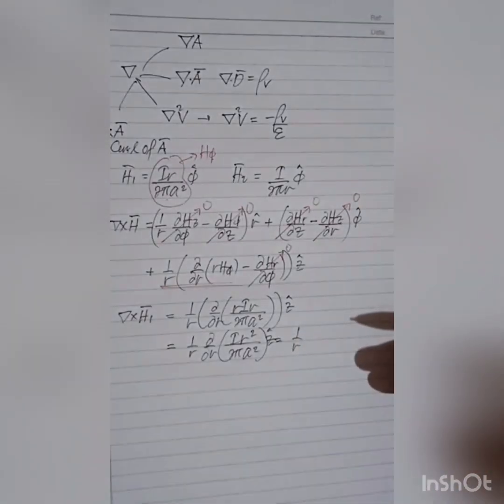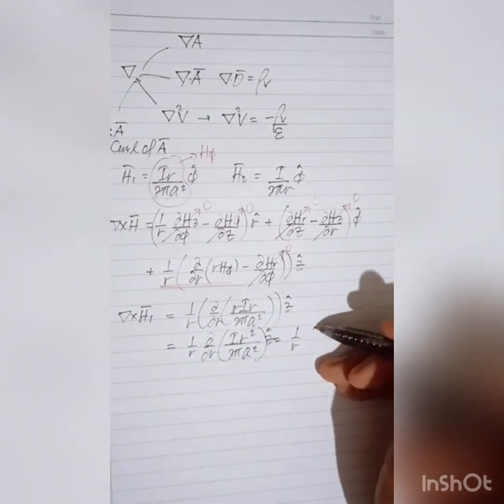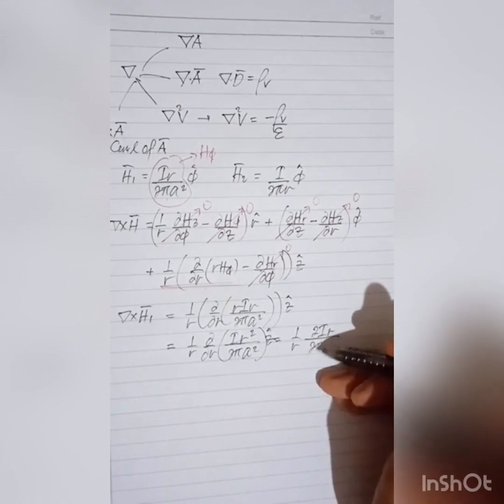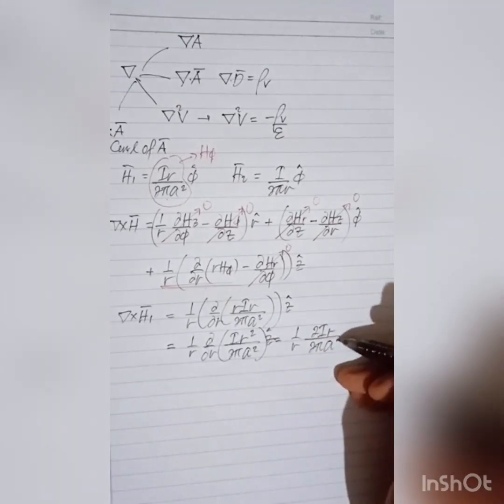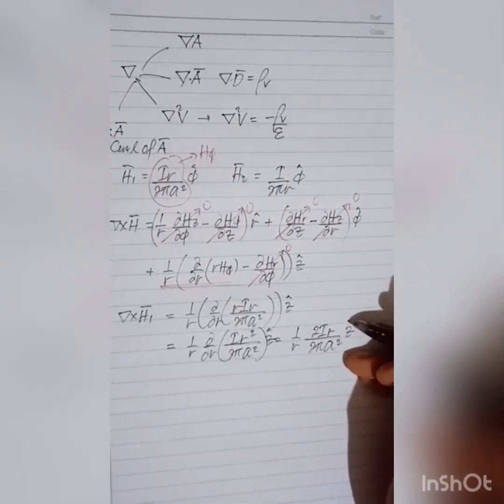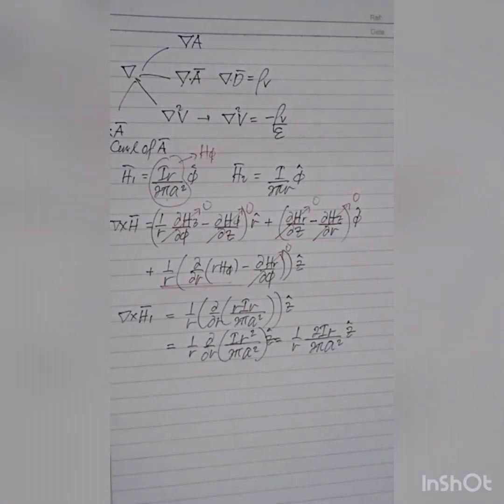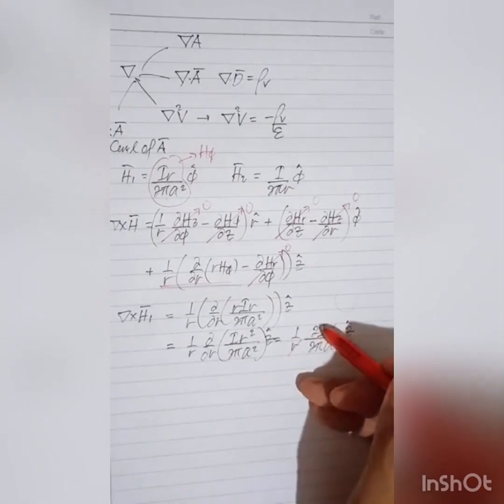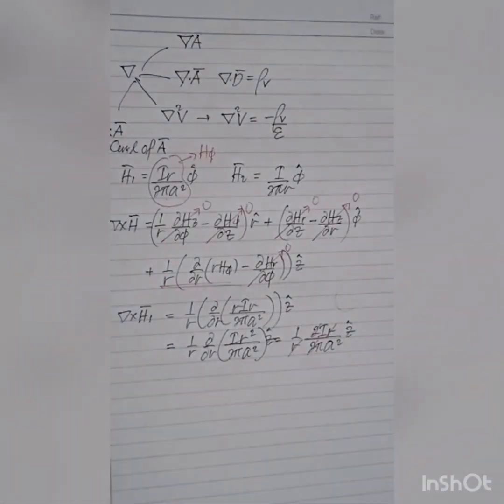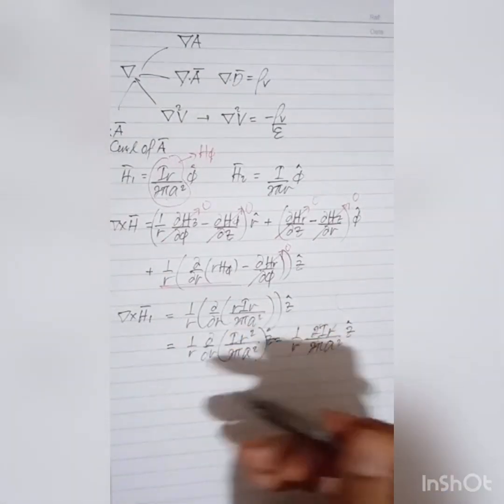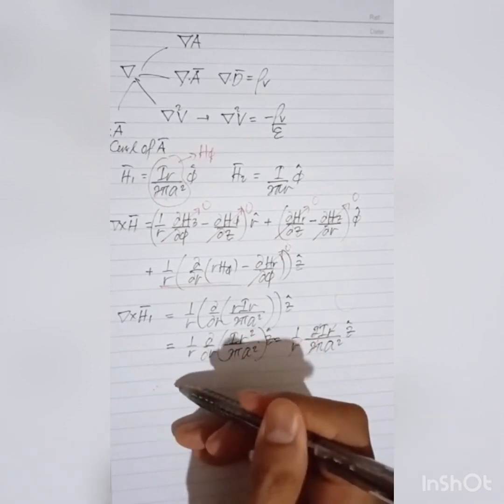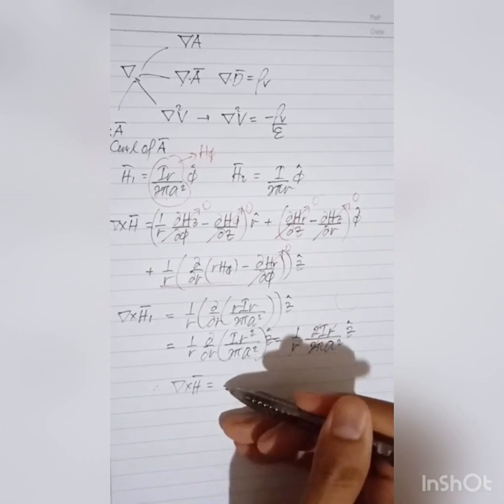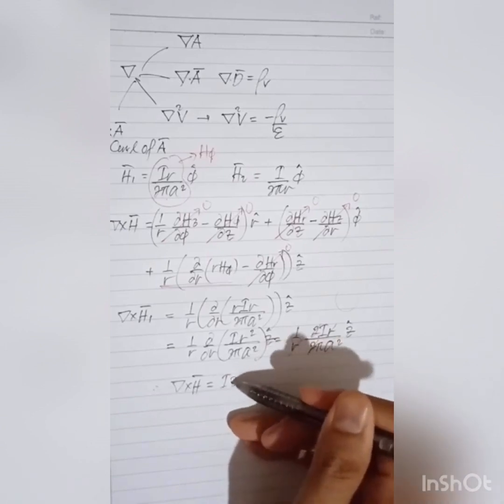After you differentiate, you'll have 2 I r over 2 pi a squared, again in the z direction. Now let's simplify the equation: the r here cancels with the r there, and the 2 there will cancel each other.